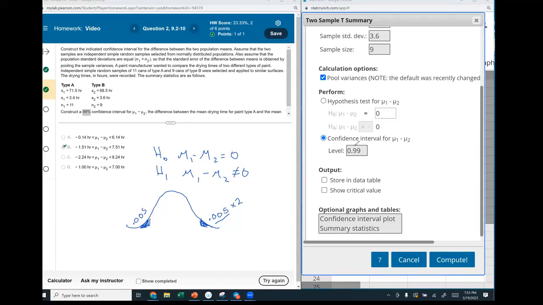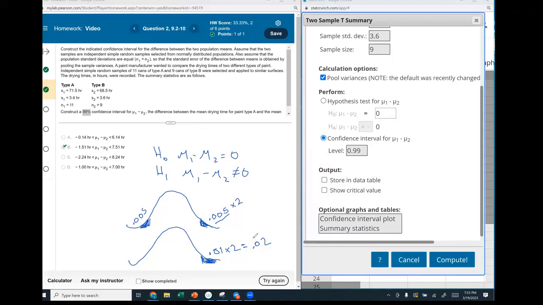If I have a one-tail test, so let's say it was greater than, then this would be 0.01. And because I have two samples, I would also multiply this by 2. So now I get 0.02, which is a 98% or 0.98 confidence interval. We'll see that in our homework problems.